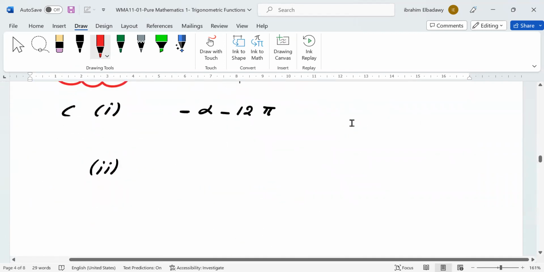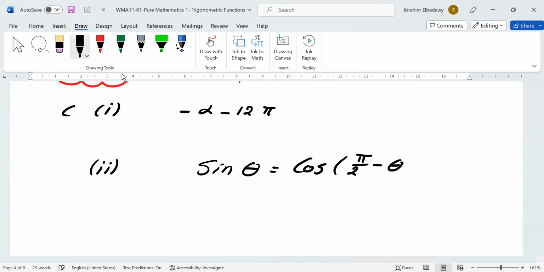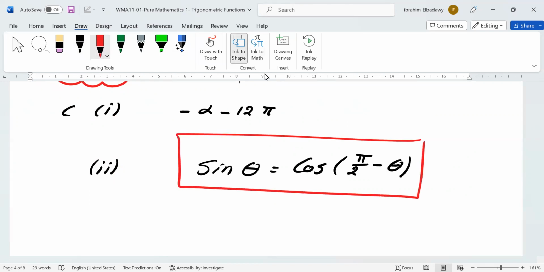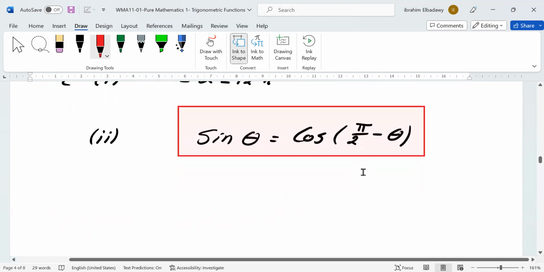There is a rule regarding sine and cosine. This rule says sine theta equals cosine of pi over 2 minus theta. This is the formula relating sine and cosine.